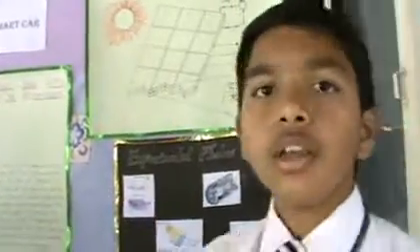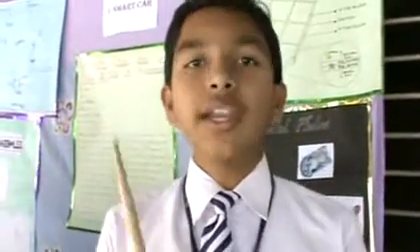Good morning, my name is Abhinav Anand and today I am here to explain the principle of the solar cell. So what are solar cells? Solar cells are devices which convert solar energy into electrical energy, either directly via the photovoltaic effect or indirectly by first converting it into chemical or heat energy and then into electrical energy.